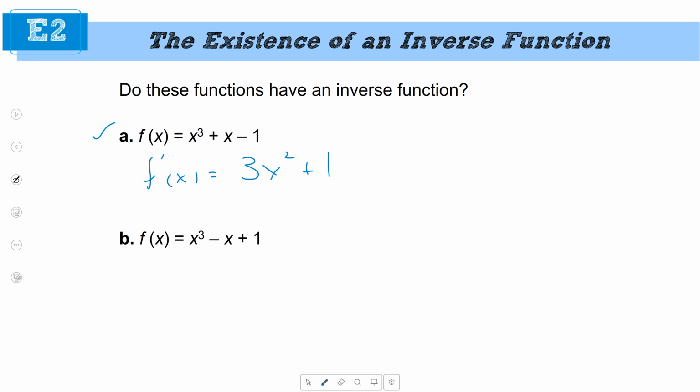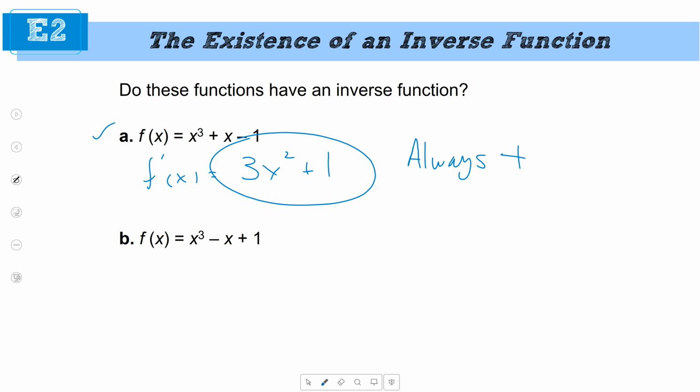The other thing is, if you're a little sneaky about it, you can recognize that value can never be negative. Do you all agree? No matter what I put in for x, I'm going to get a positive value. Since it's always positive, it's strictly monotonic, and if it's strictly monotonic, then the inverse is a function.